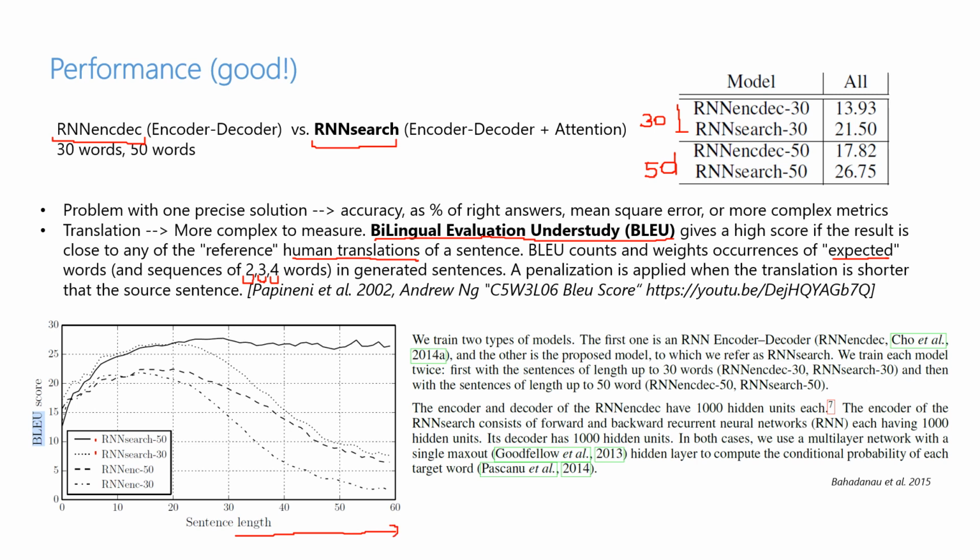And we see that the RNNsearch model with attention on 50 words is the only one that is very consistent, very constant in its performance, even when the phrase is more than 30, more than 40, and more than 50 words long.